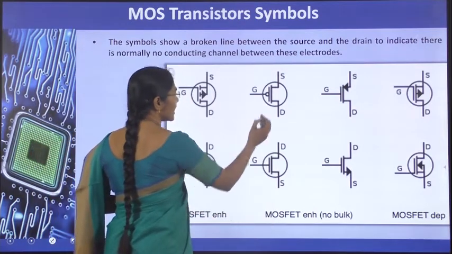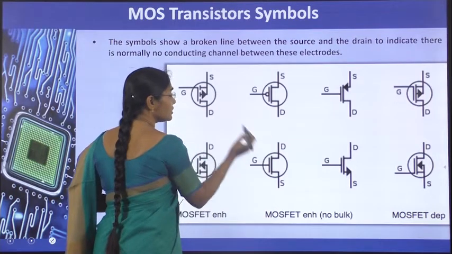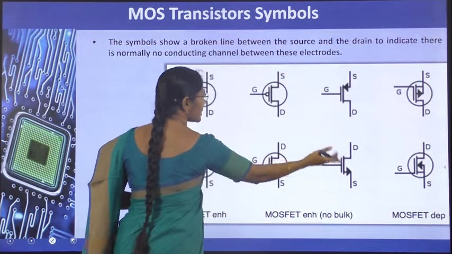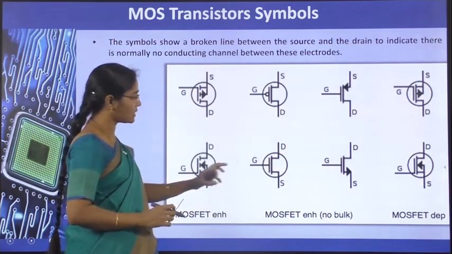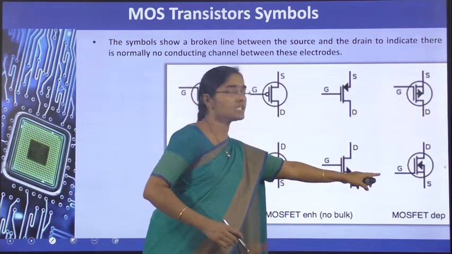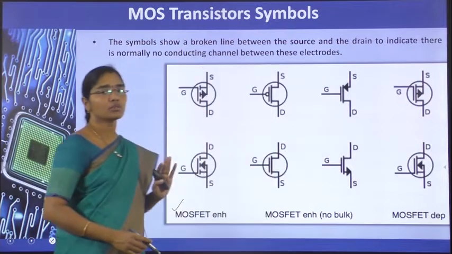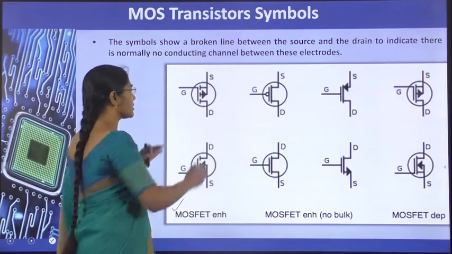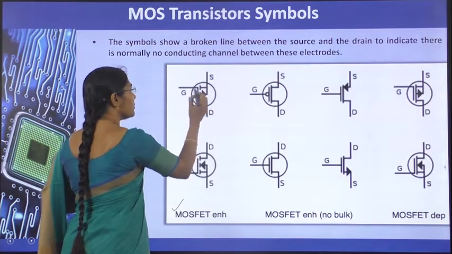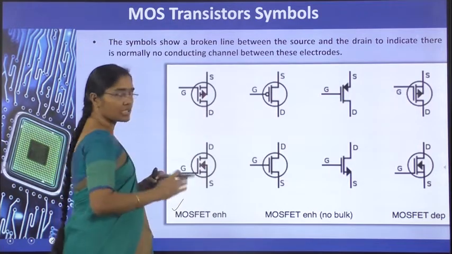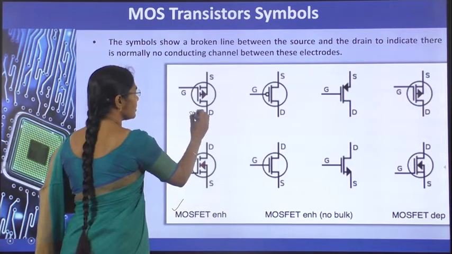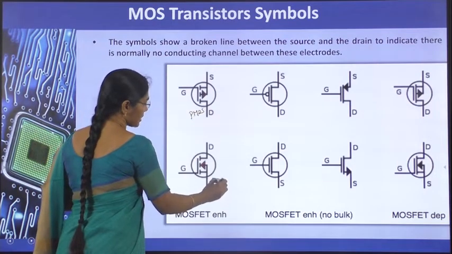Then MOSFET enhancement with bubble and without bubble is the second set. This is with the current direction representation of arrow marks, the 3rd set, and the 4th set is the depletion transistors with the 4 terminals. So in the first set, the PMOS and NMOS have different arrow directions. This is the PMOS transistor and this is the NMOS transistor.